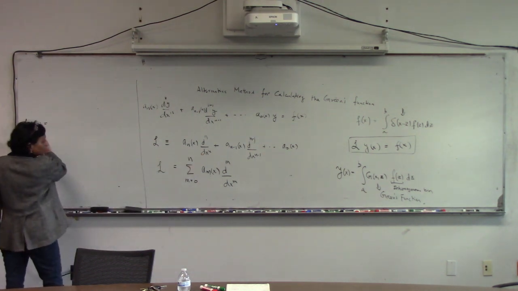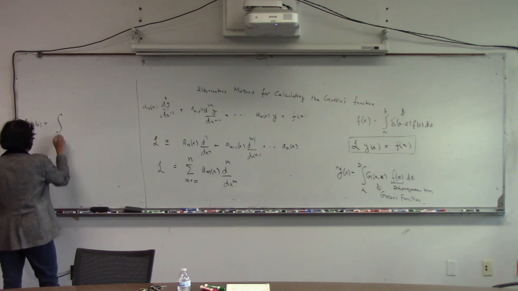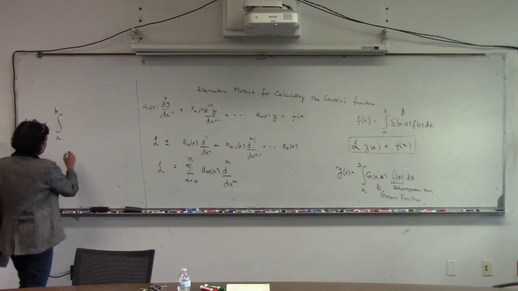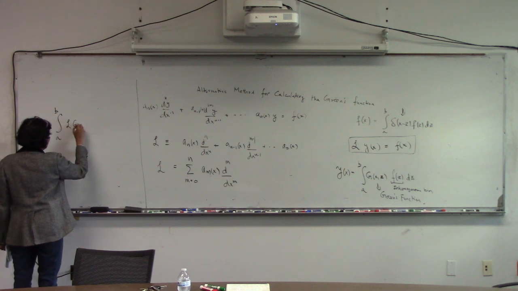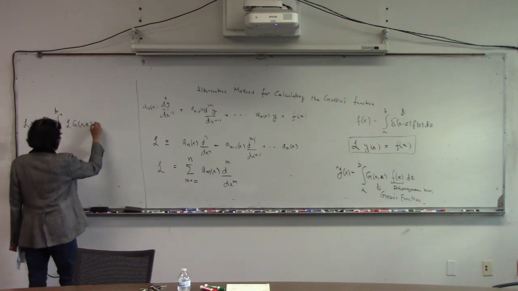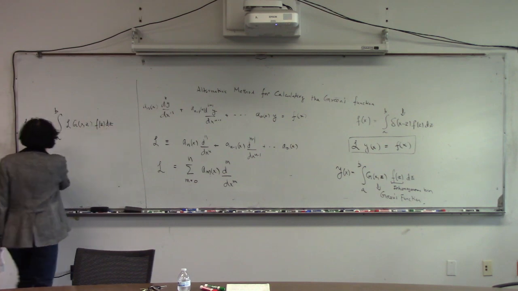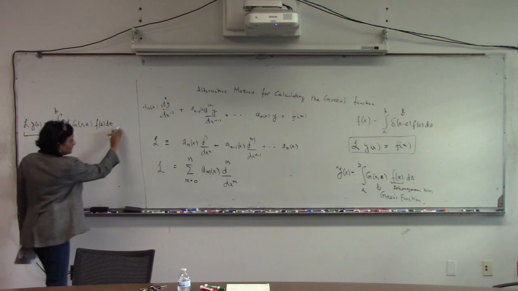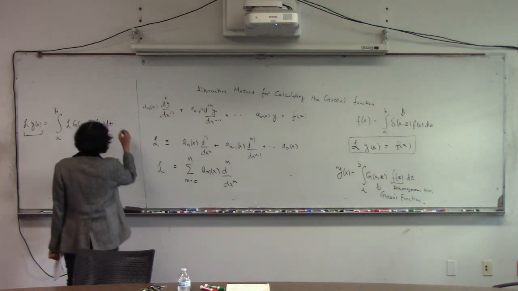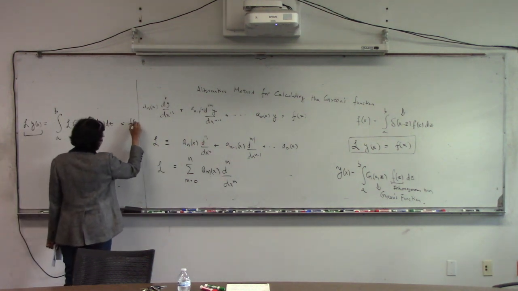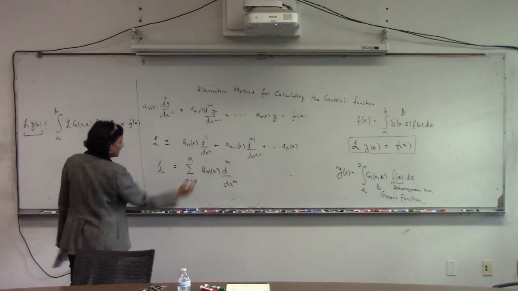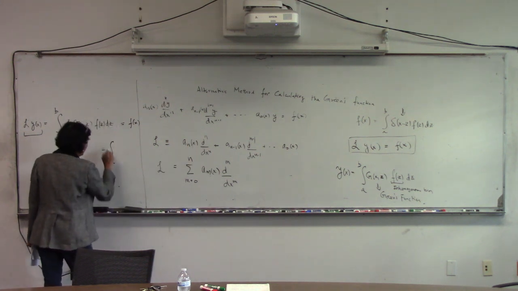So L operating on y of x can be written as an integral of L operating on G times f of z dz. And this is nothing but my inhomogeneous differential equation, which is f of x, right? And f of x is nothing but, I can always write it like that.